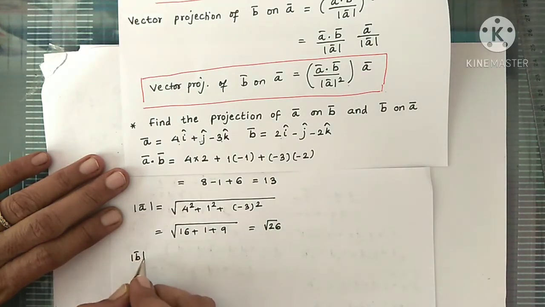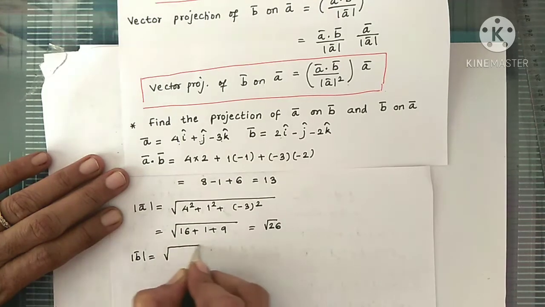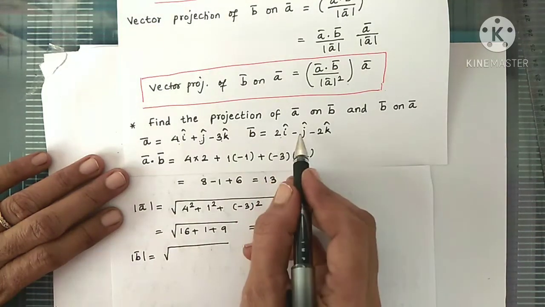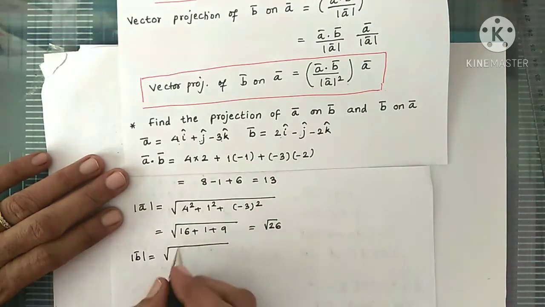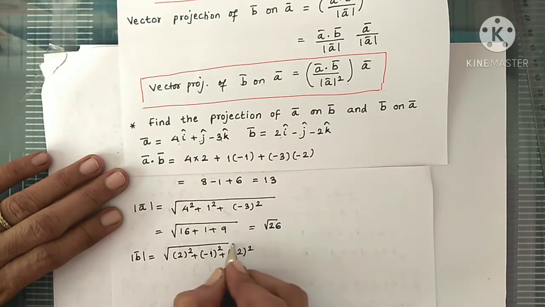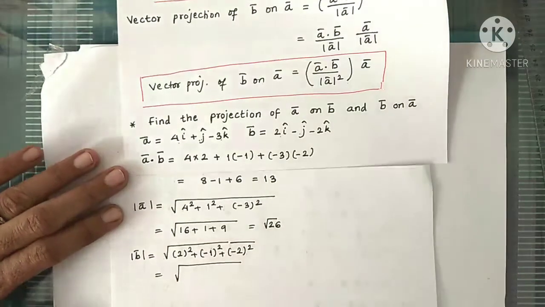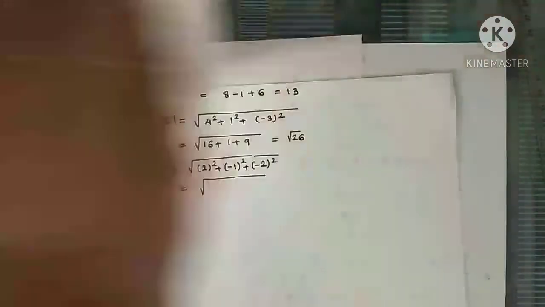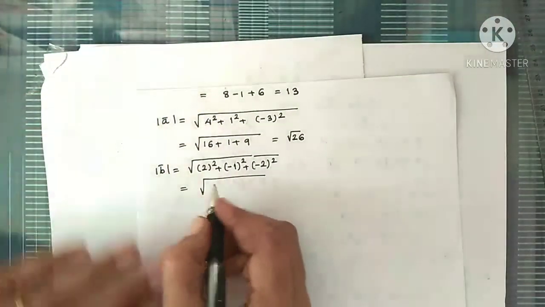Now modulus of B bar is root of 2 square plus minus 1 square plus minus 2 square. That is root 4 plus 1 plus 4.